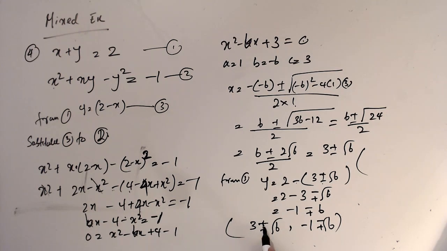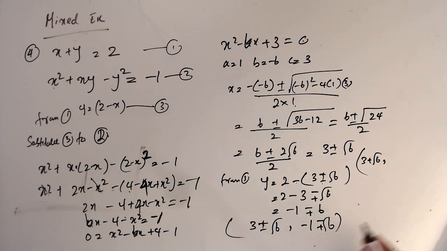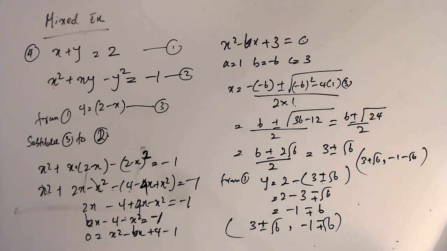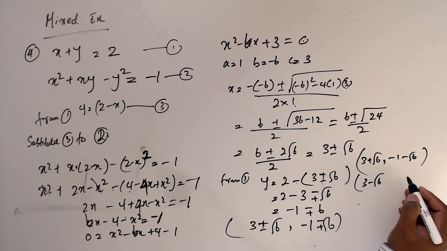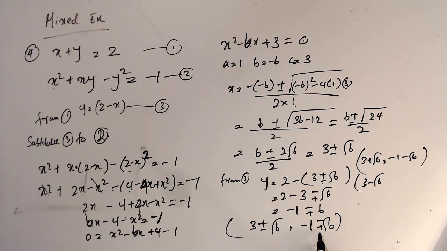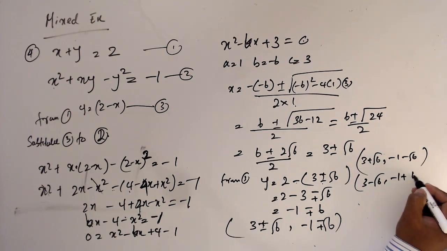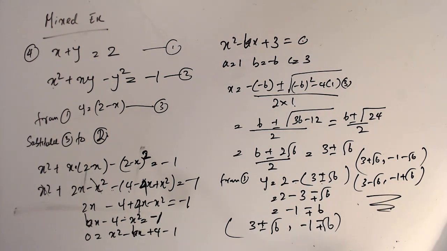We'll take plus: 3 plus square root 6 and the relevant y value, minus 1 minus square root 6. And then the negative value: 3 minus square root 6 and the relevant value, minus 1 plus square root 6. If you want, you can present it like this as well.